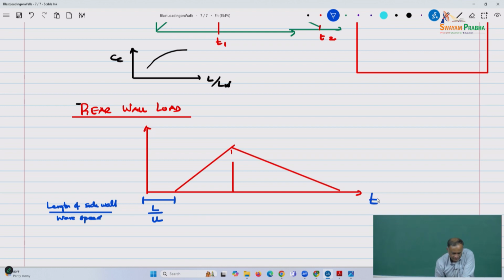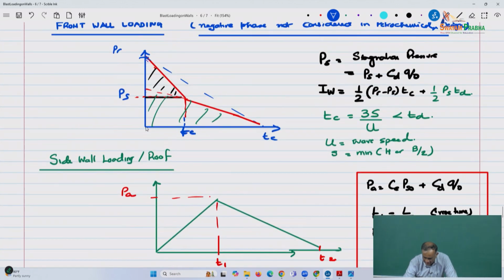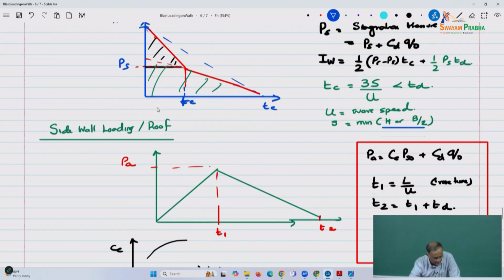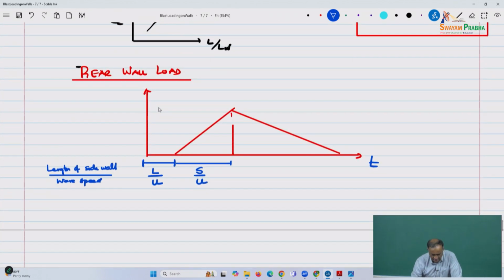So this is your time here, and this distance, the rise time, is S over U, and S is the minimum of H or B by 2, as we've talked about. Then this one is TD.